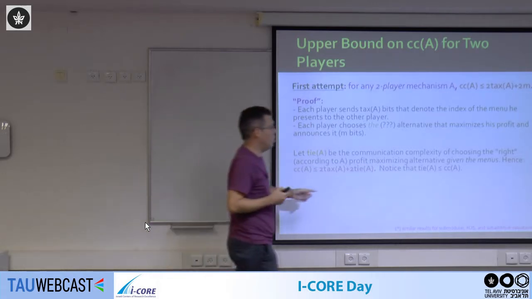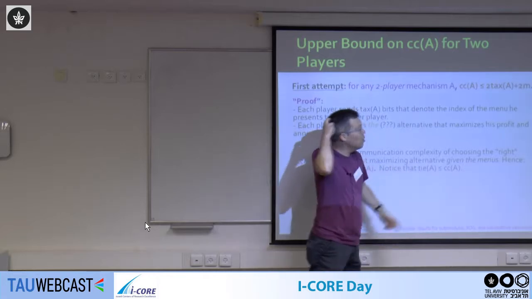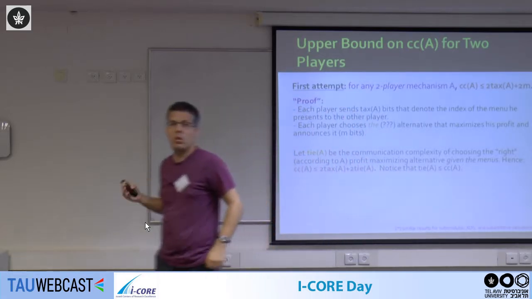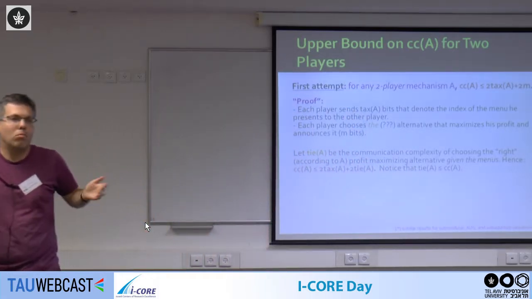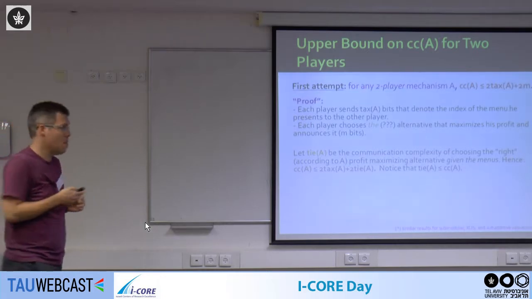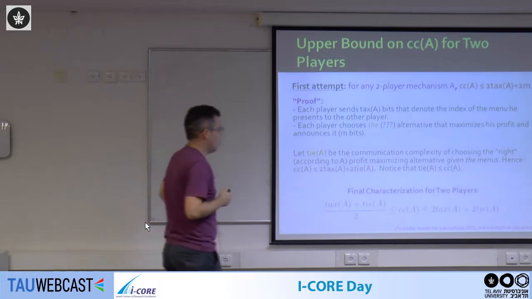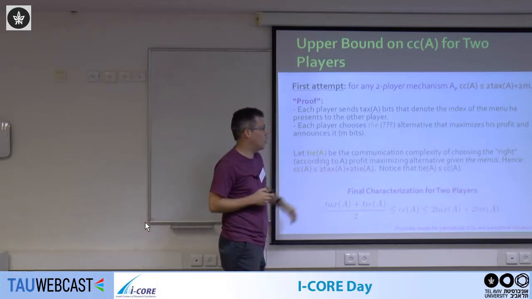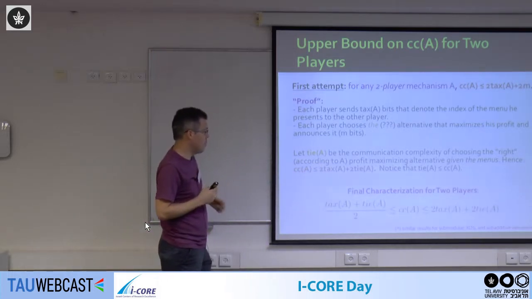And notice that we also have that the tie-breaking complexity is at most the communication complexity of a mechanism. Just run the mechanism and see what output you get. So once we have this, we can characterize the communication complexity of every 2-player mechanism.